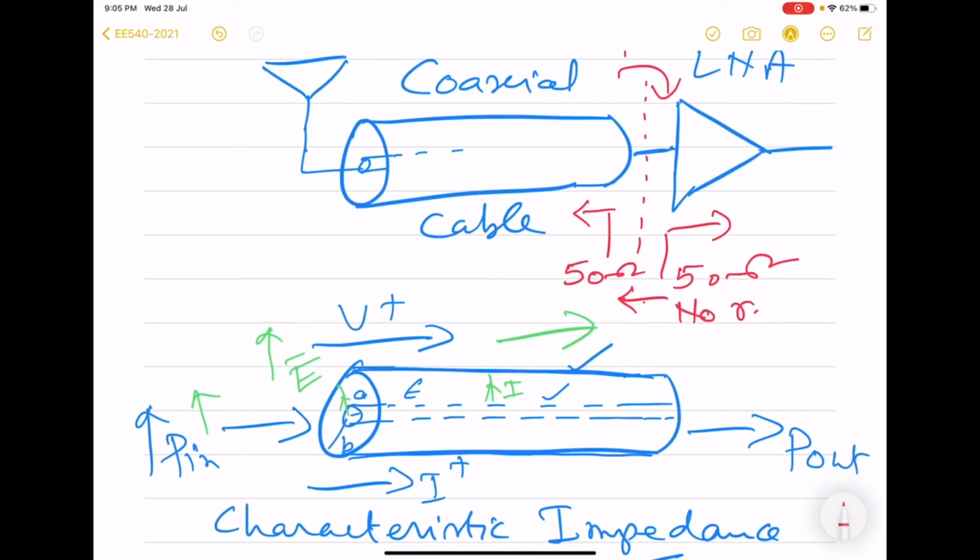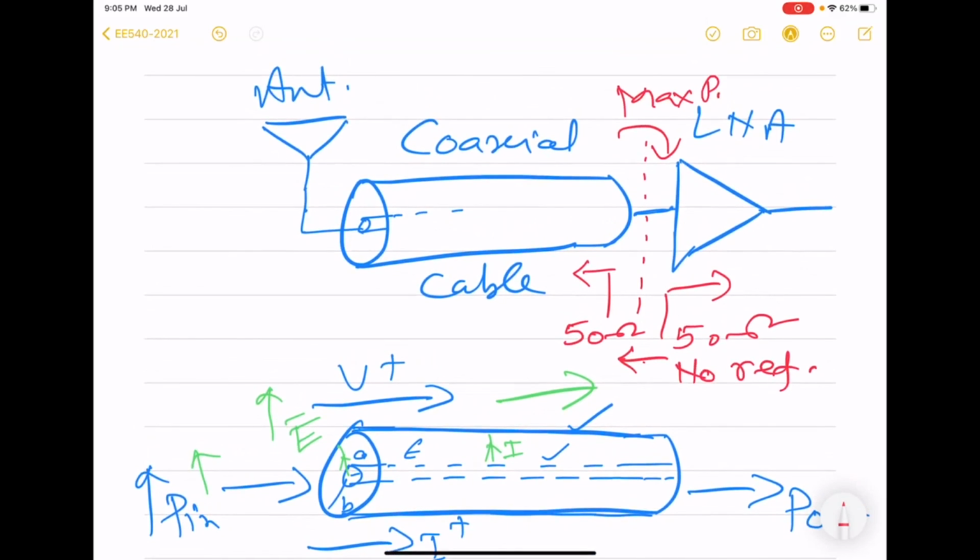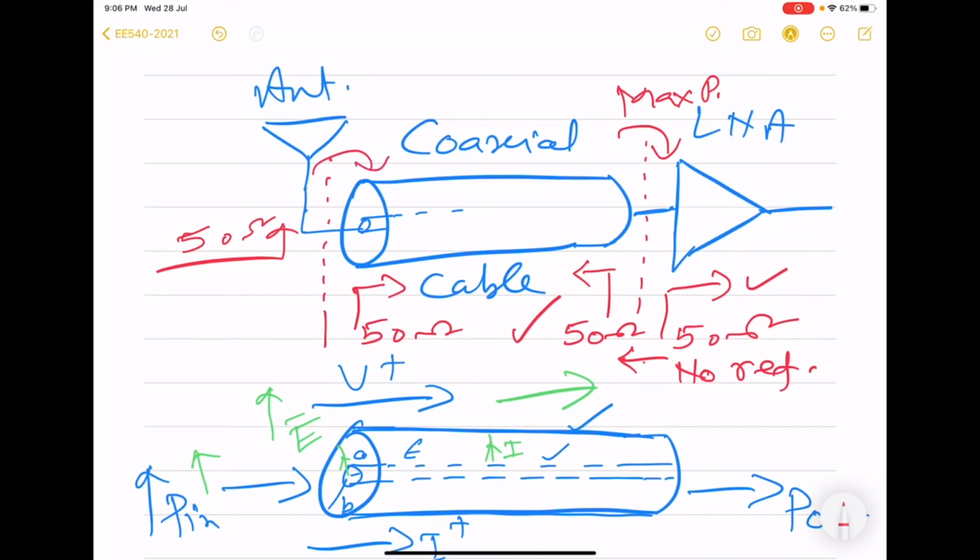So both these requirements get fulfilled if we ensure that these two impedances are the same. The same thing will happen here also. We already have this 50 ohm, and if we have an antenna which is also 50 ohm, we get the same advantage: maximum power from here to here, and no reflection will take place.